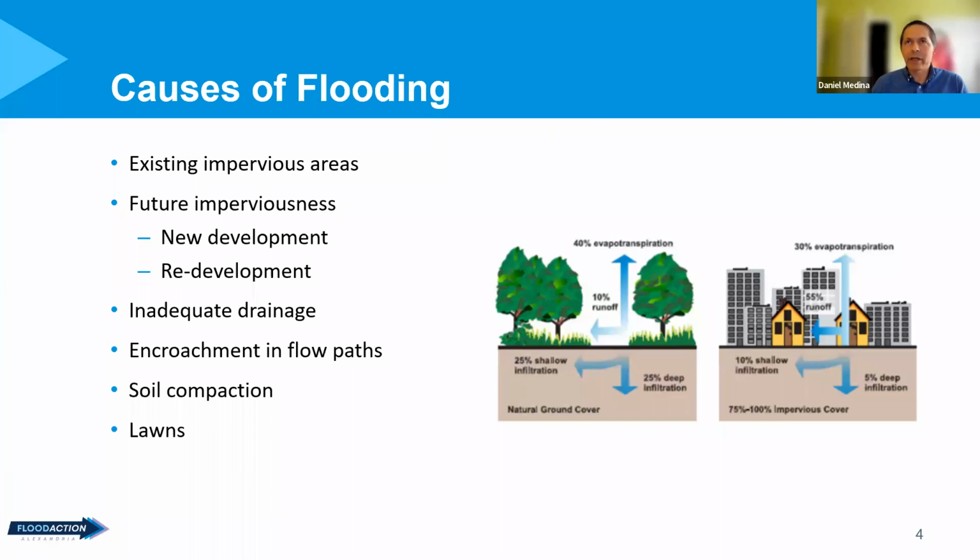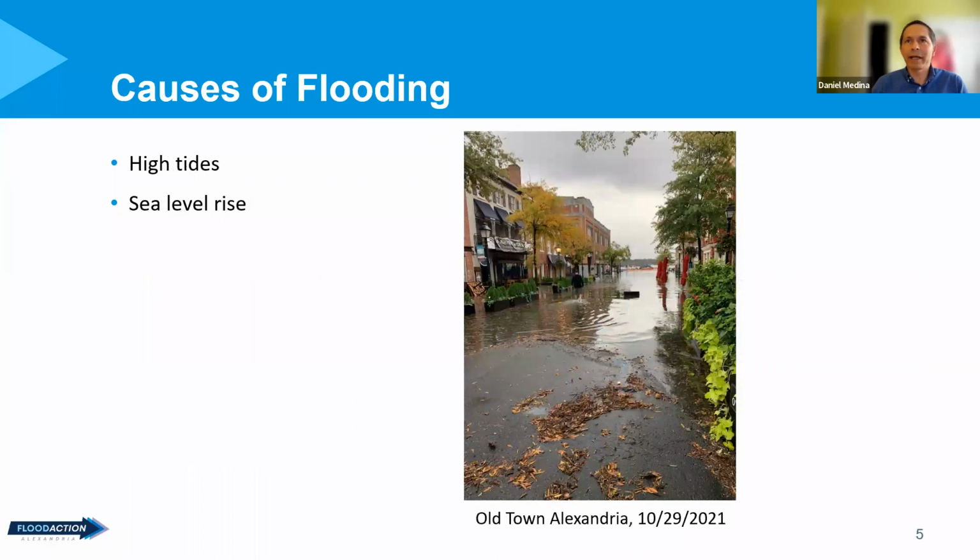So, okay, just some basic concepts of what's going on. Another cause of flooding, though, is high tides. This is a photo I took in Old Town Alexandria on October 29th of this past year. And those high tides, as you can see, are reaching way in the distance. You might see the Potomac River, and the water just comes up King Street here. You see all these businesses that are flooded.